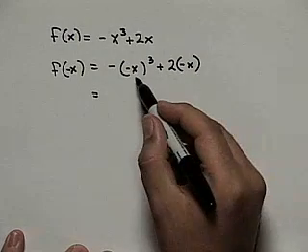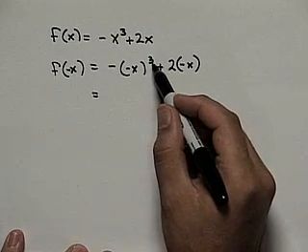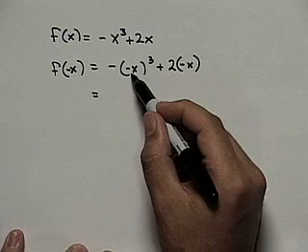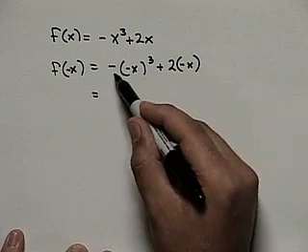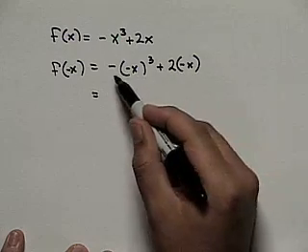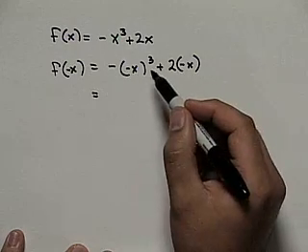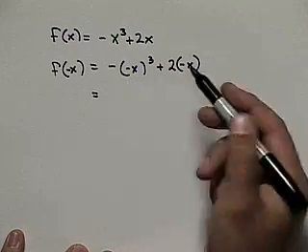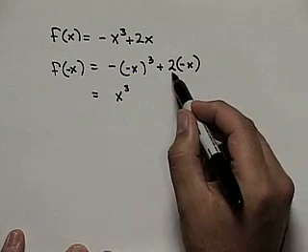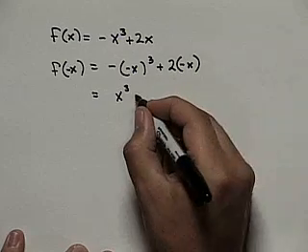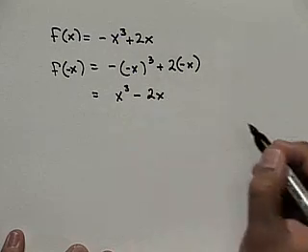Working with this, we have negative x cubed, which means a negative times itself 3 times, so the result is negative x cubed without parentheses. But since there's a negative in front of it, the negatives work together to form a positive, since we have a total of 4 negatives here altogether, and that would become positive x cubed. And then 2 times negative x ends up being negative 2x.